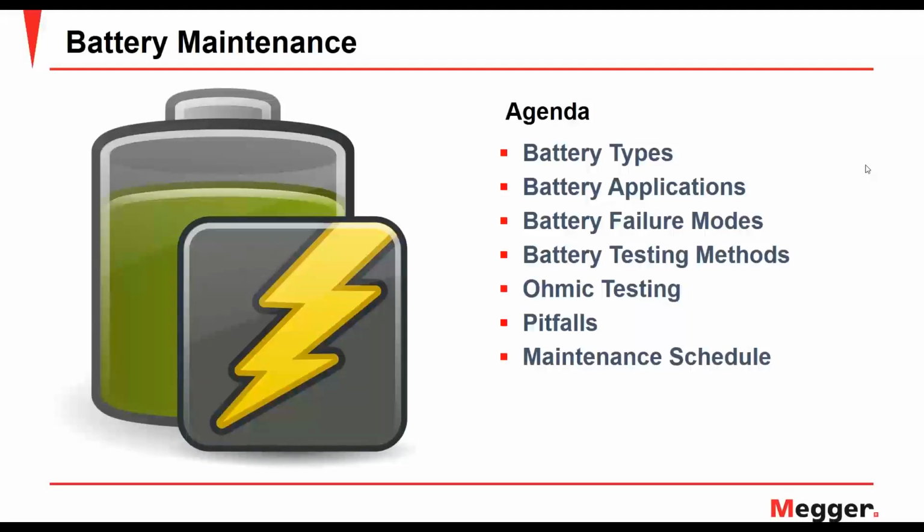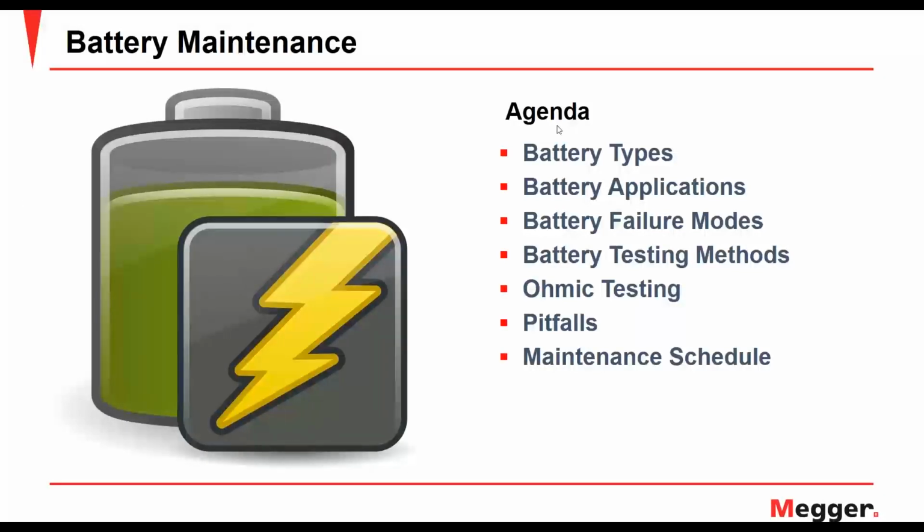After that, we will talk about some testing methods that we can do for battery maintenance, specifically ohmic testing. We'll talk in detail about it, and about some of the pitfalls and issues that you might face, which we can overcome and handle much more easily. At last, I will give some maintenance scheduling as an example, a reference to help you in planning your maintenance for battery banks and systems.